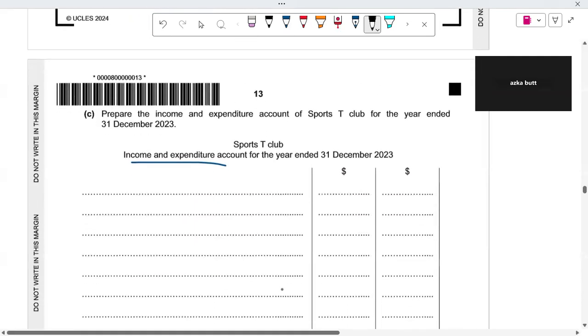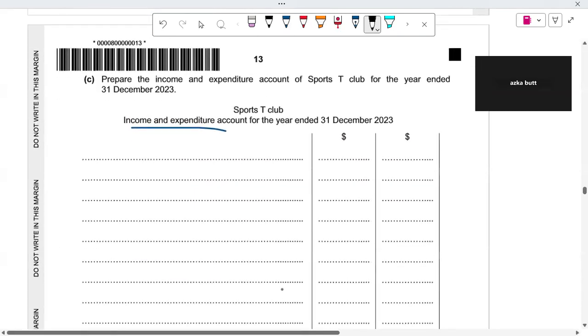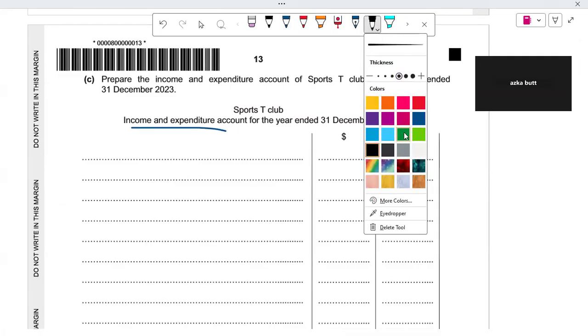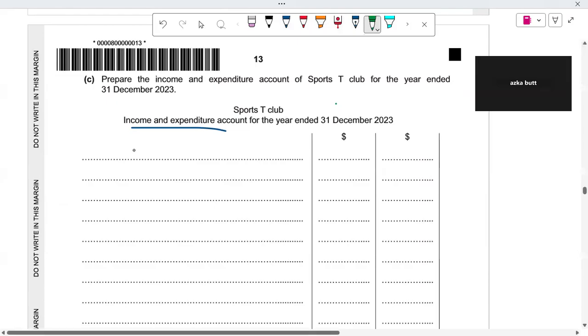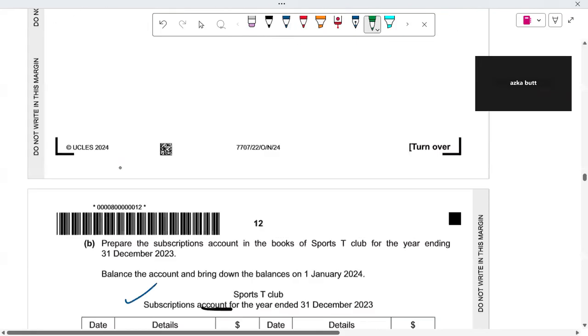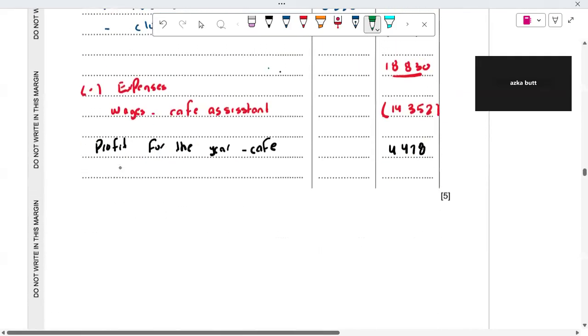Okay. So now we are going to make the income and expenditure account. Okay, so this is very simple. We have to write the income here. First of all, we need to add the profit from cafe, which is 4478.